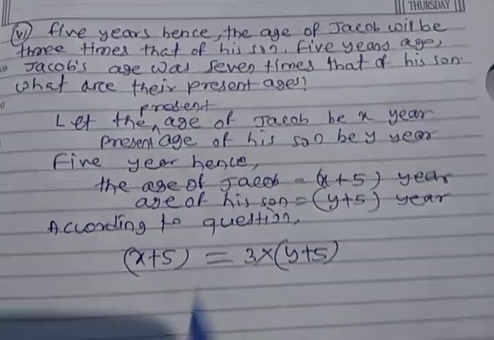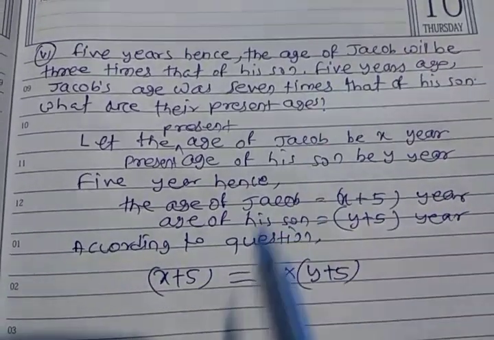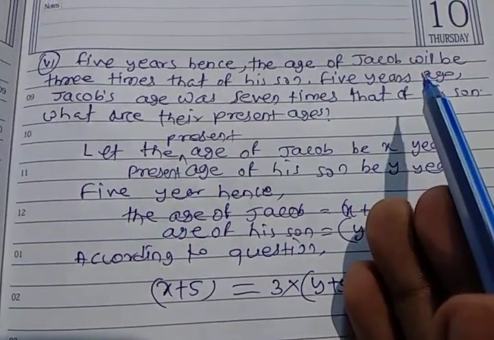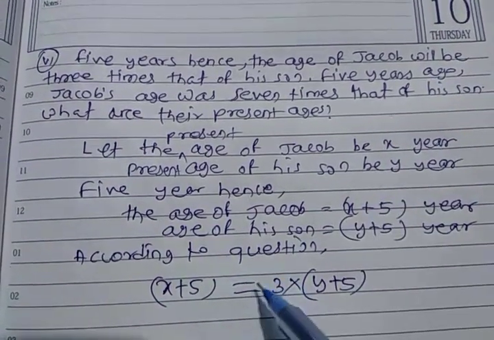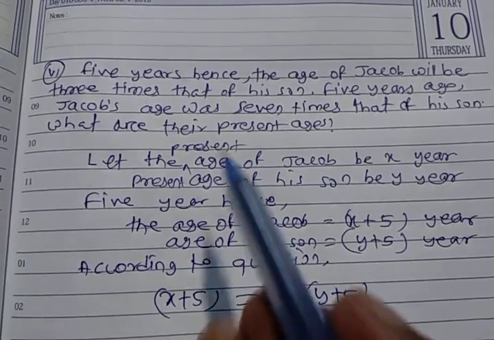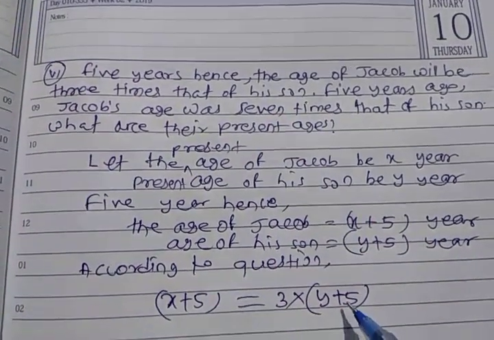Words like will, is or was represent equals, and times means multiplication.